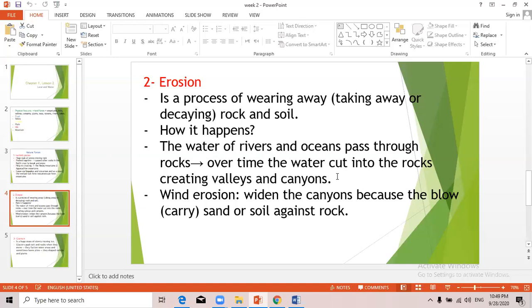Now the water cuts the rocks into pieces, and then the wind comes to carry these small pieces of rocks to create valleys and canyons. Okay, guys? So wind erosion widens the canyons because it blows or carries the sand and the soil against the rock. How did it happen? Let's see.